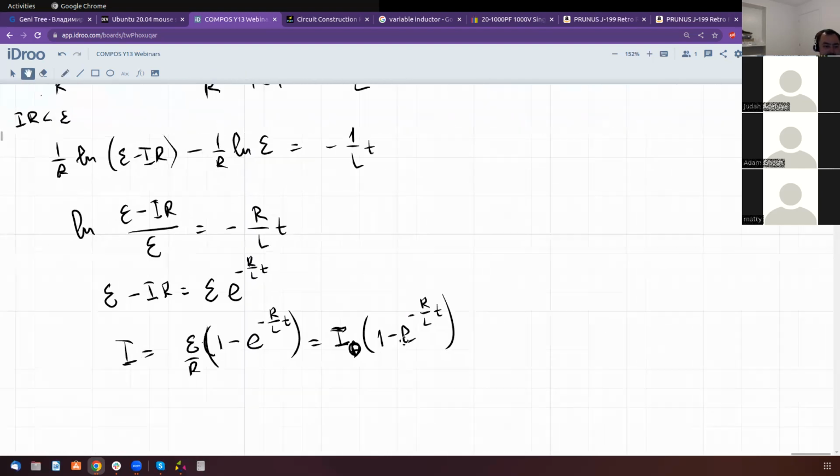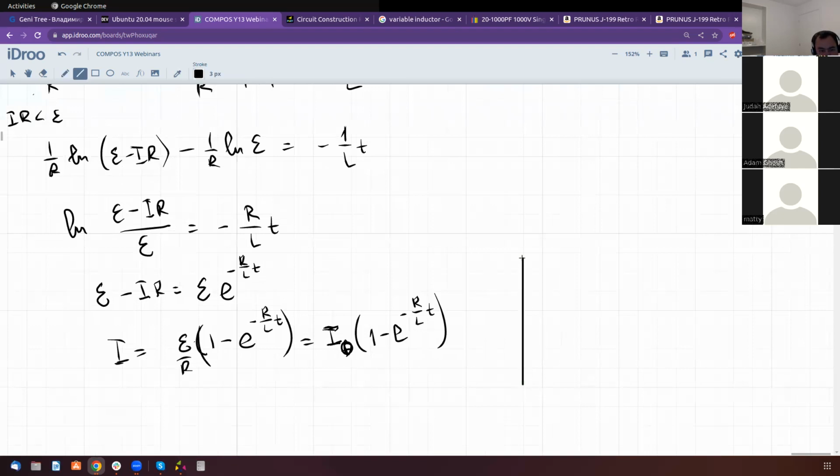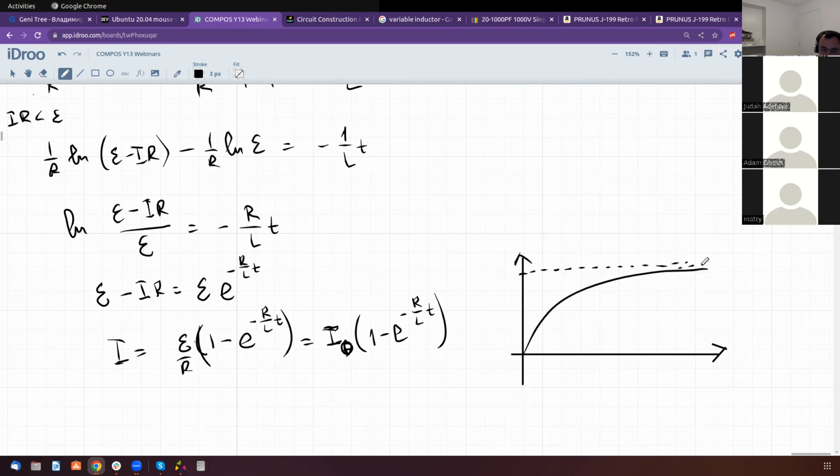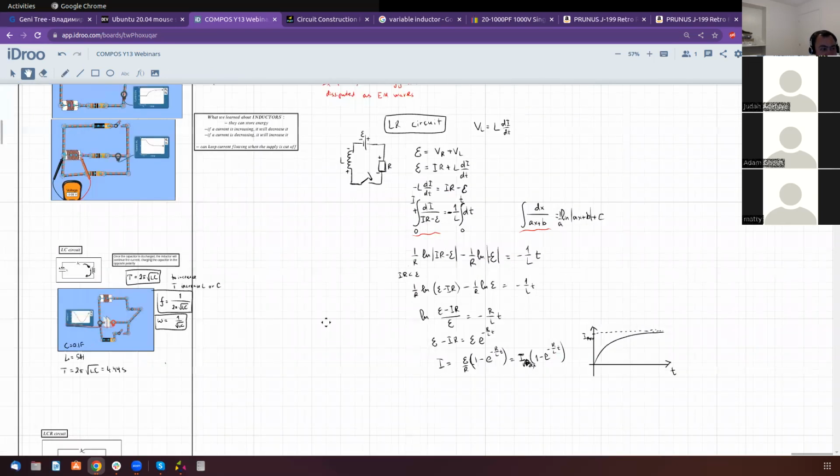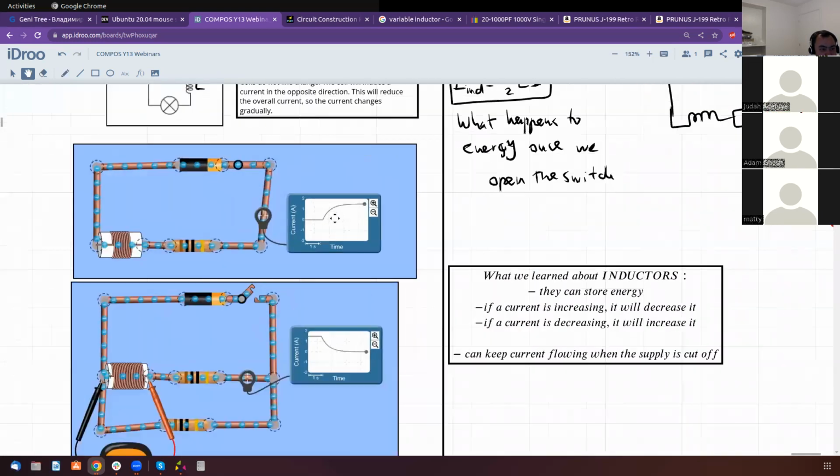And we did see this picture because the graph looked like this. Something very similar to a skydiver. So this is I0, this is the maximum. Well, I max. Let's call it I max, the maximum current, and this is time. And it does look like this. Here's the graph.